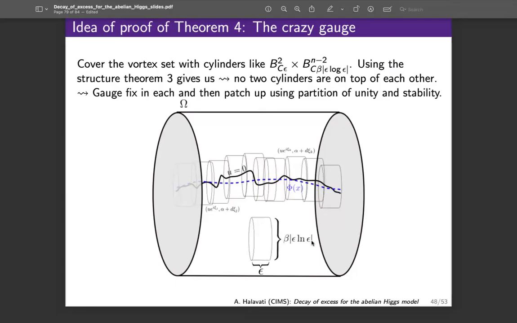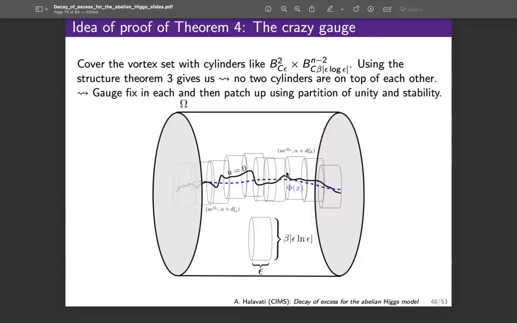Okay, this is the first thing. And what you do is that you gauge fix inside each of these cylinders in a really careful way, and then you attach these gauges with a partition of unity. And of course, you should be skeptical of attaching things with partitions of unity. But if we do the gauge fixing in each of these cylinders carefully enough, when you attach them with a partition of unity, it doesn't cost you too much.